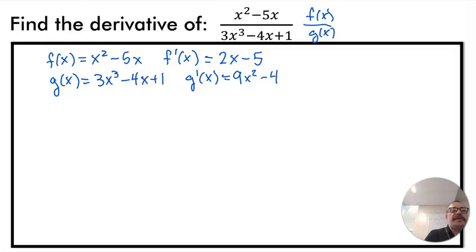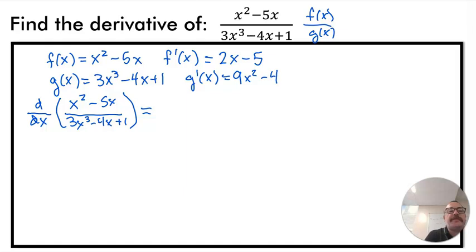All right, and let me write out kind of what we're doing exactly here. We're taking the derivative of x squared minus 5x over 3x cubed minus 4x plus 1.